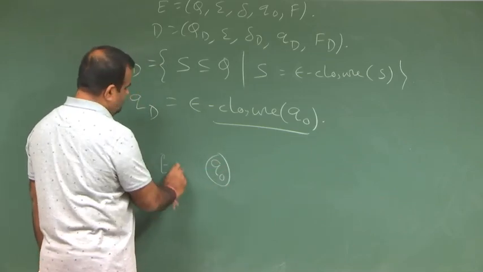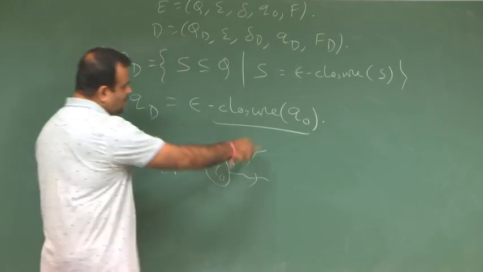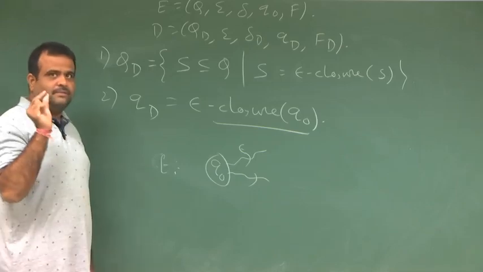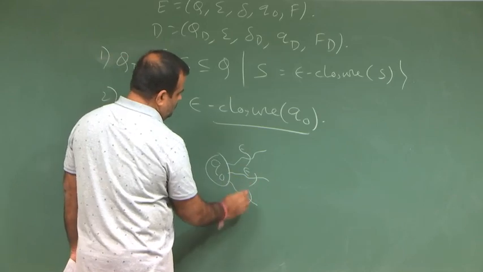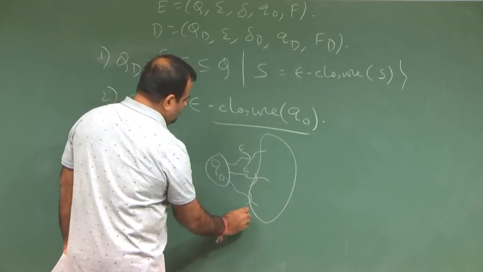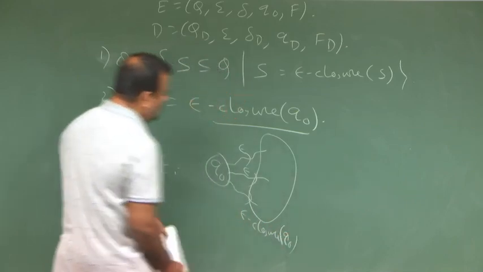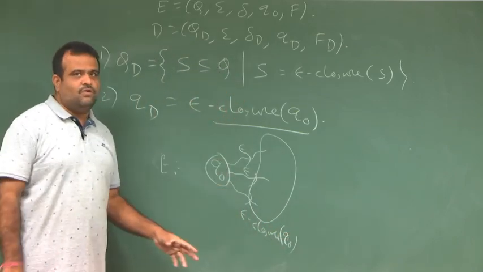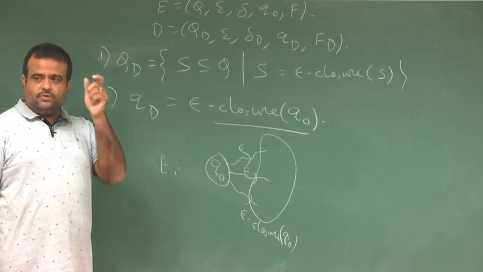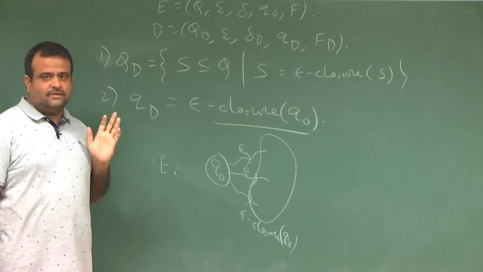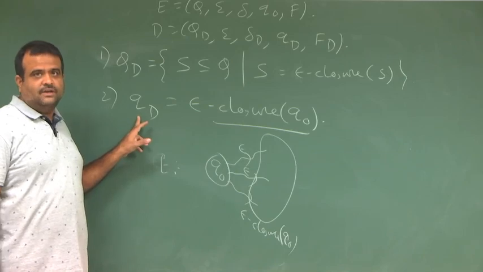From this Q 0, the epsilon closure means the states reachable by arcs with only epsilon label, that means epsilon moves. So, from Q 0, what are the states we can move to with the epsilon move only, with no input reading? That is the epsilon closure of Q 0, and that will be our starting state.